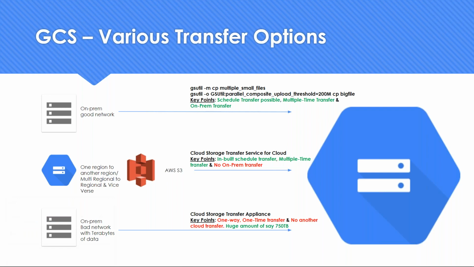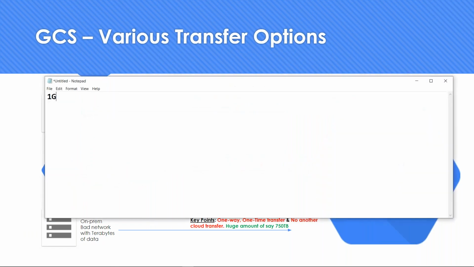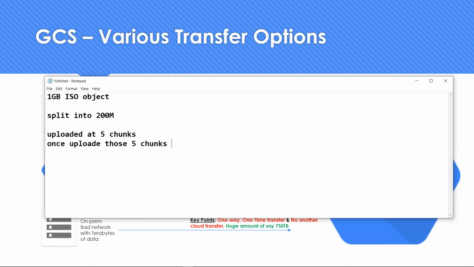So let me just repeat the steps. A 1 GB ISO object is split into 200 MB pieces, then uploaded as 5 chunks. Once uploaded, those chunks are combined back into 1 GB.